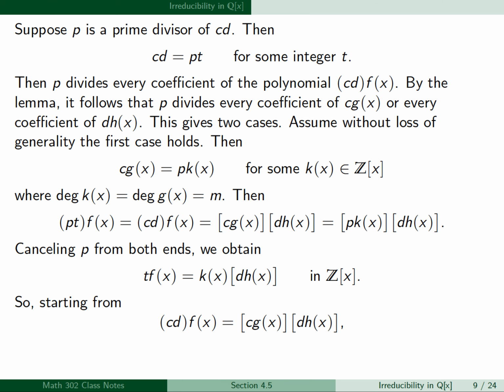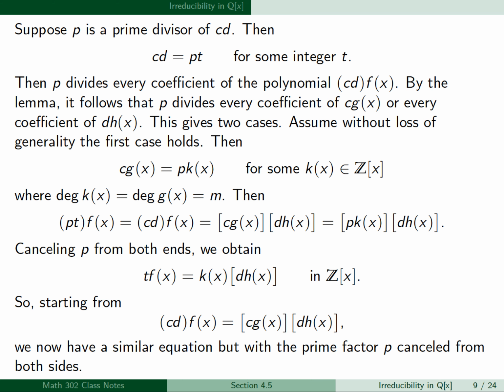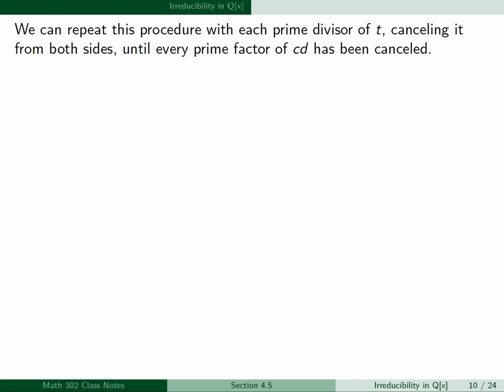So starting from cd f(x) equals cg(x) dh(x), we now have a similar equation, but with the prime factor p canceled from both sides. We can repeat this procedure with each prime divisor of t, canceling it from both sides until every prime factor of cd has been canceled.